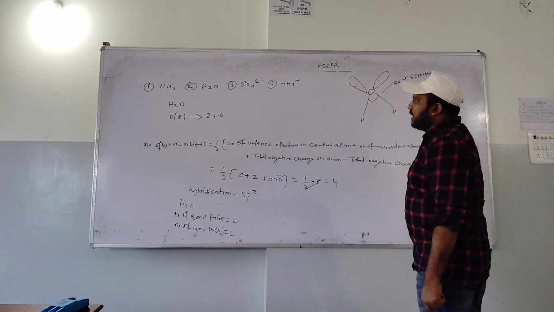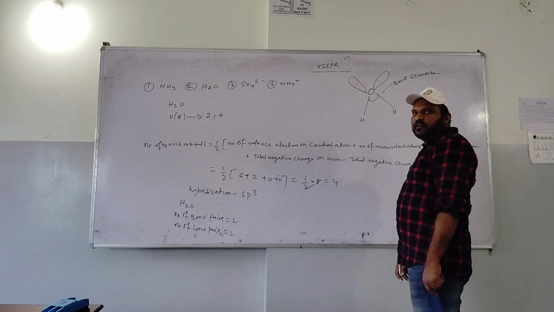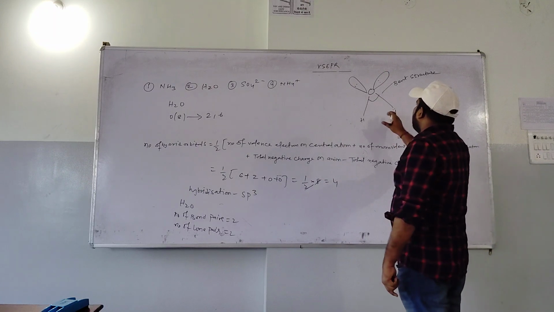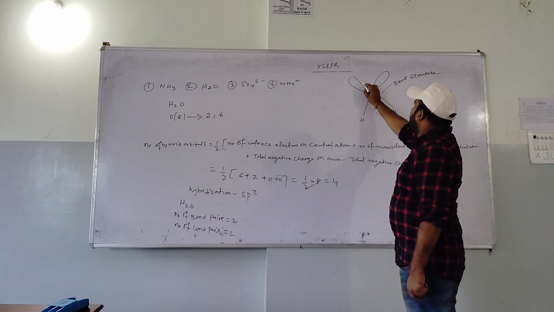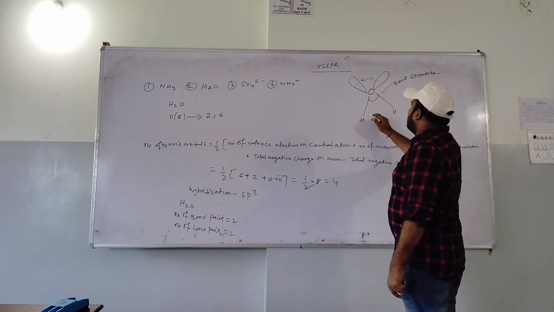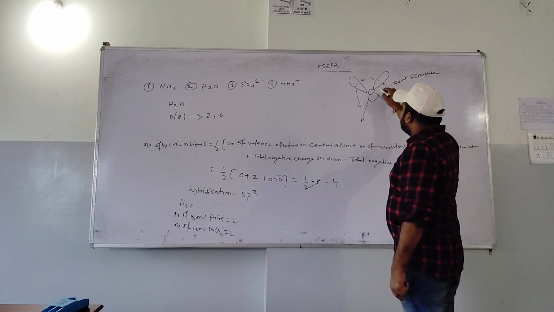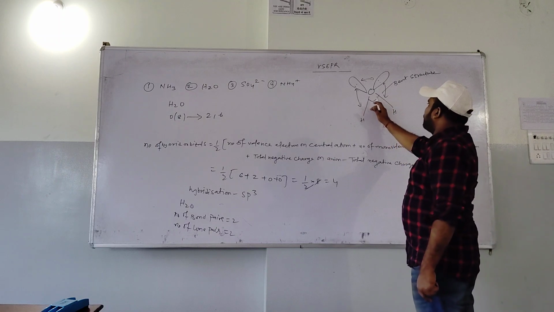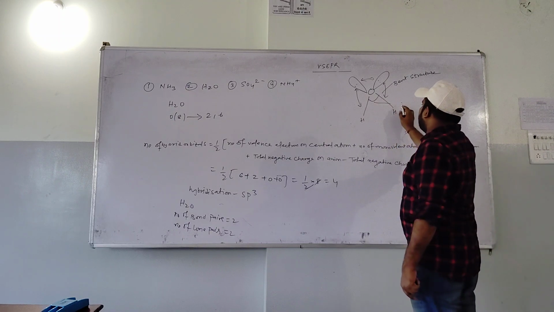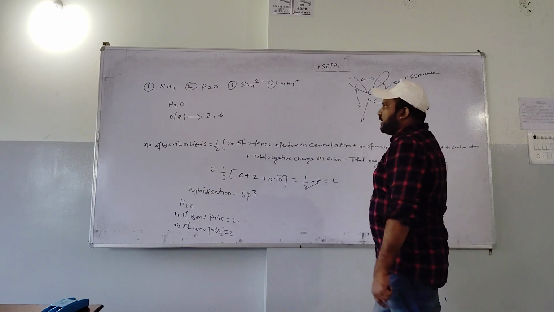Okay. sp3 hybridization has a 109.5 degree bond angle, but from VSEPR theory, due to lone pair-lone pair and lone pair-bond pair repulsion, this repulsion causes a decrease in the HOH bond angle from 109.5 degree to 104.5 degree.